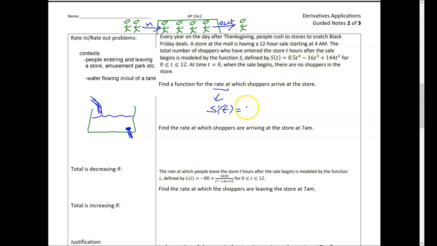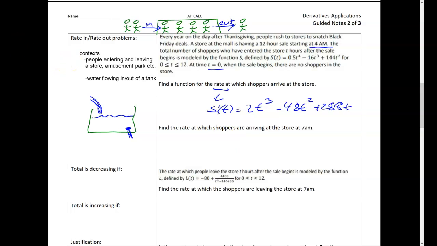So that gives me 2t to the third minus 48t squared plus 288t as my s prime of t.